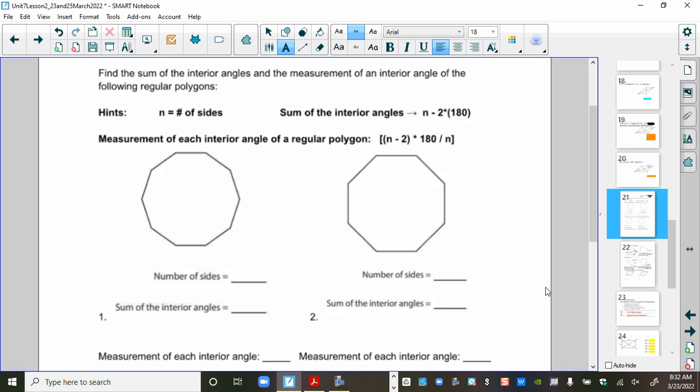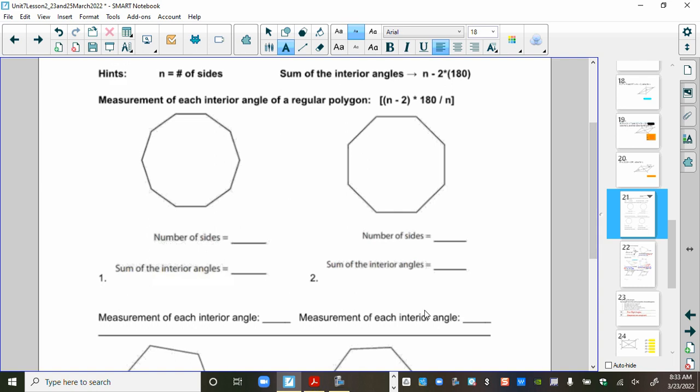Whatever you get here, use this formula to get this number. And then to get this final number down here, all you're doing is going to take this number and divide it by the number of sides. So sum of interior angles, divide by the number of sides. So if you want to get this last one, take this number and divide it by that one. That's all you're doing.